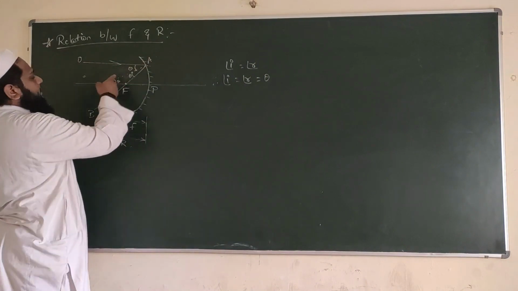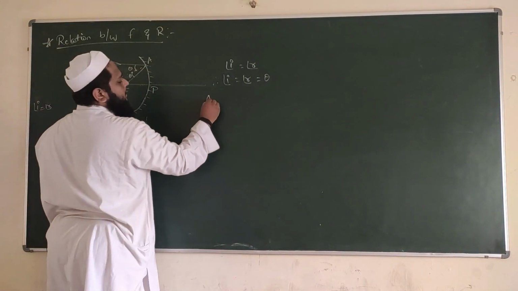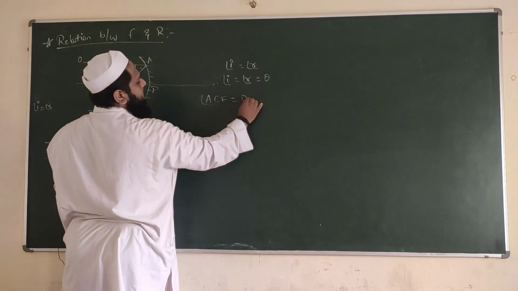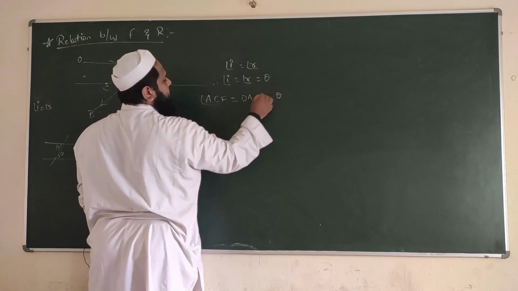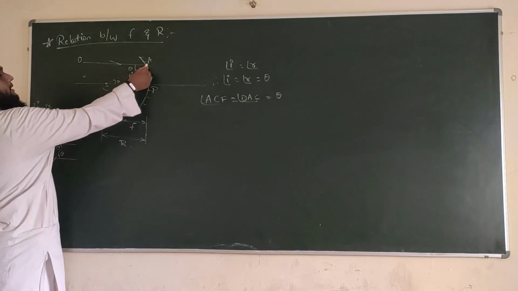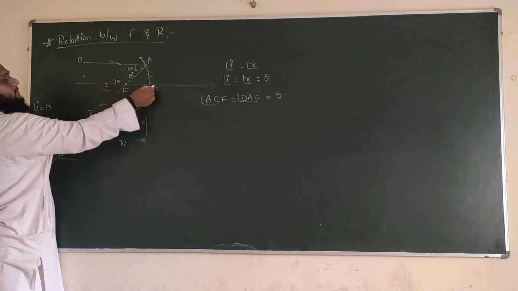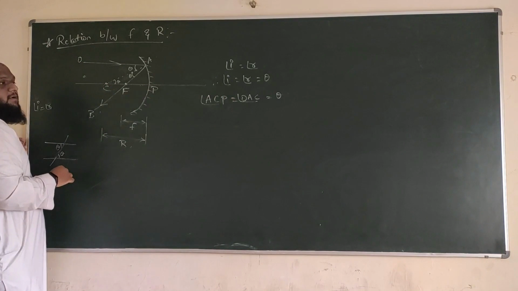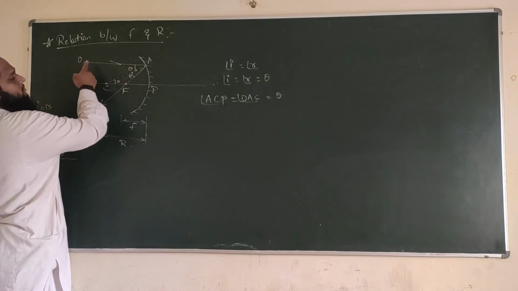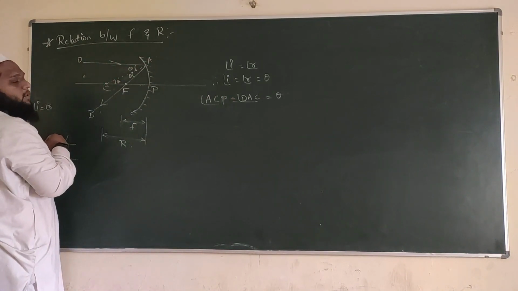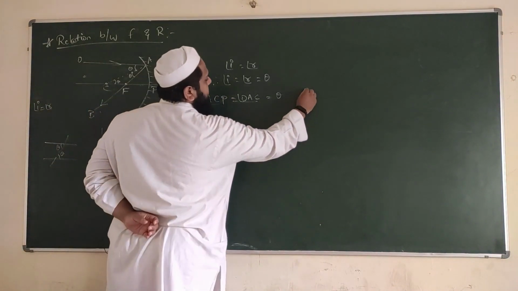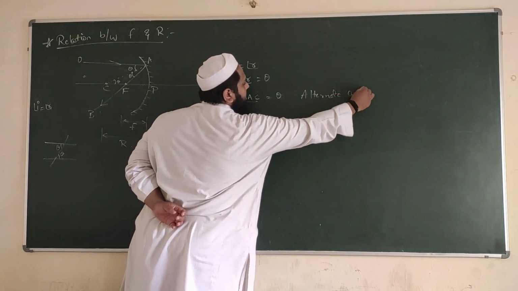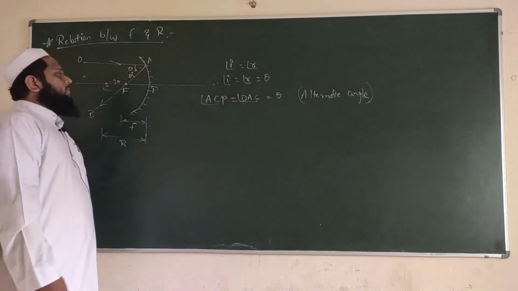Then I wrote angle ACF is equal to OAC is equal to theta. To be honest, it should be ACP, because everything should involve the pole. ACP is equal to OAC is equal to theta. Why? Because they are alternate angles.